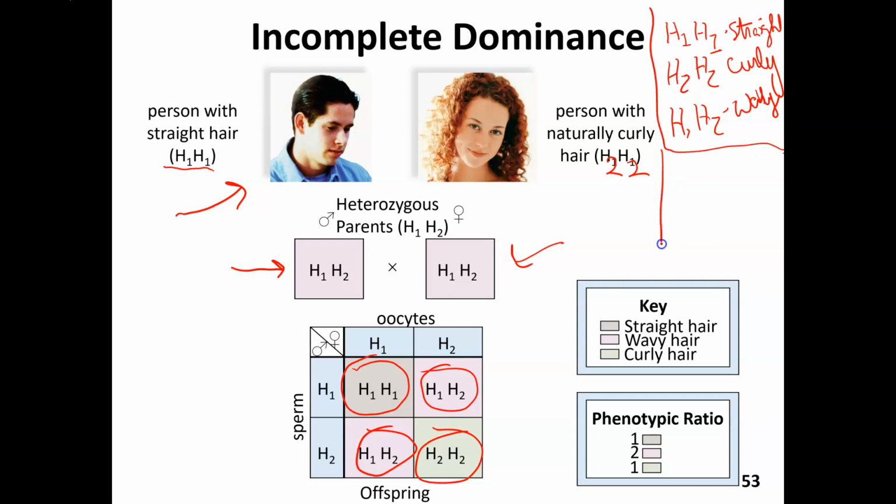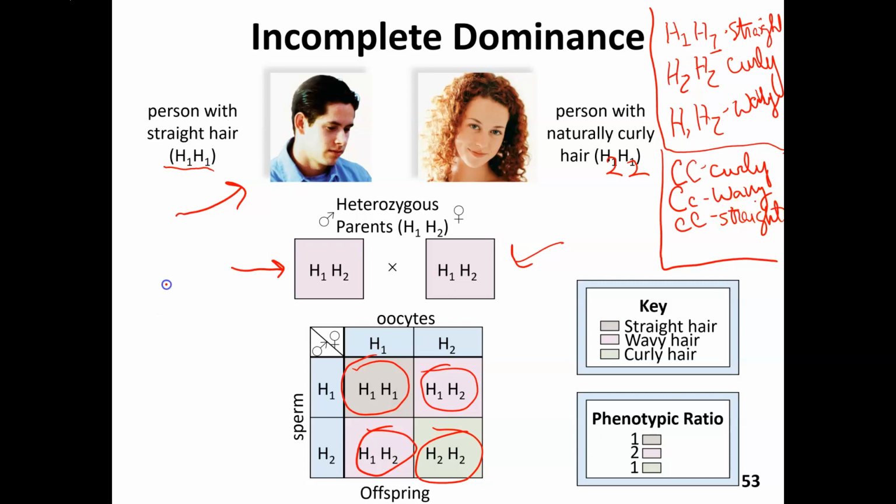I'm going to just make my own toolbox, and what I would probably do is I would use C's. So big C, curly. Big C, little c, wavy. Little c, straight. This just gets rid of some of those extra letters, okay?